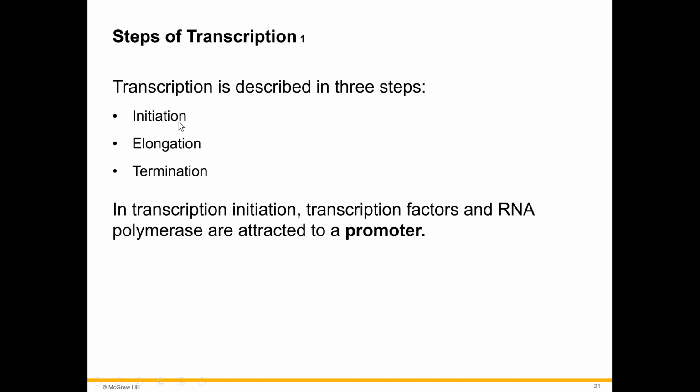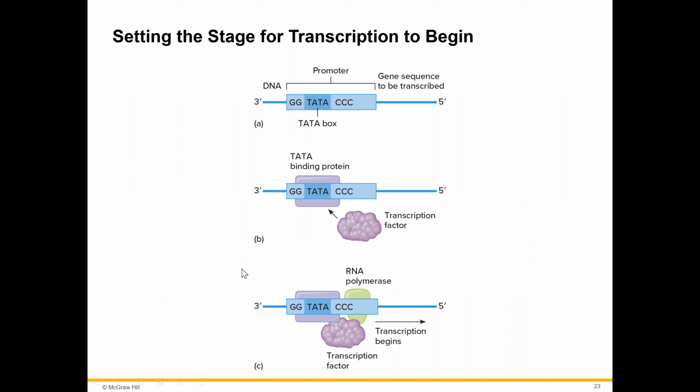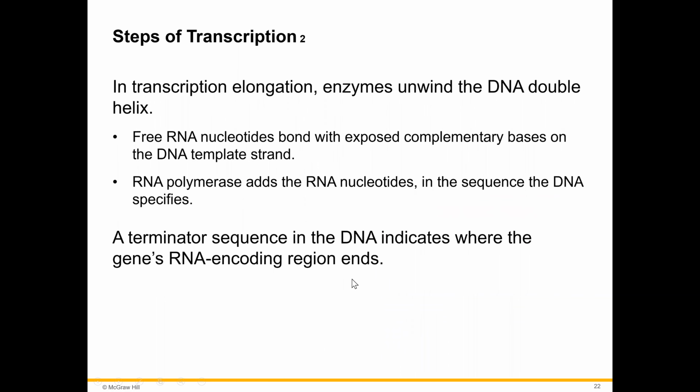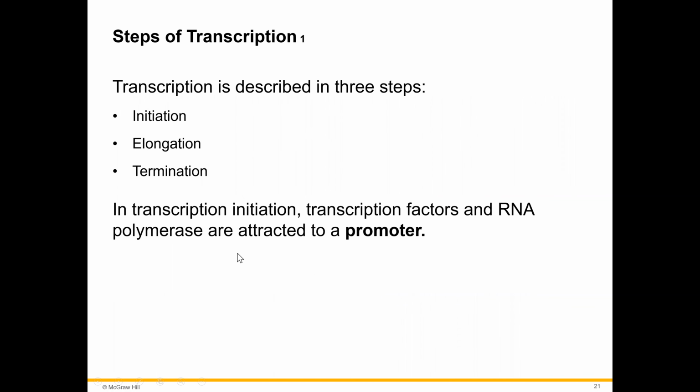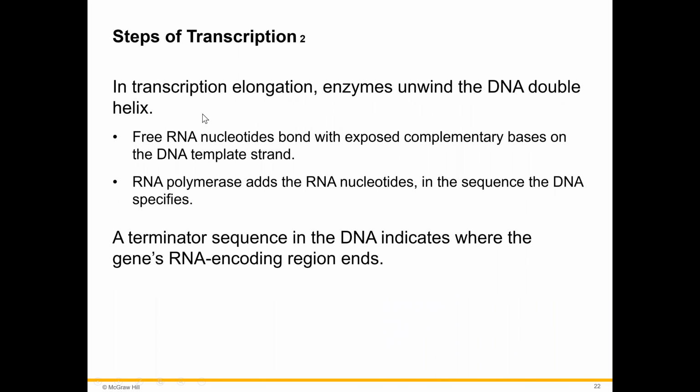Right, so now let's go back, and that's what I said, that in transcription, the first step is initiation. In initiation, transcription factors, binding proteins, and RNA polymerase attach to the promoter. They are attracted to the promoter. Then we have elongation. In elongation, enzymes unwind the DNA double helix.